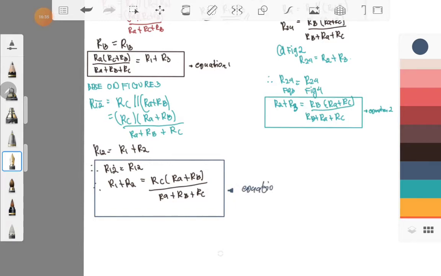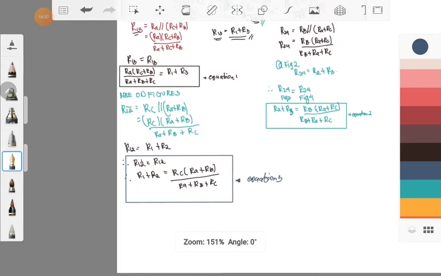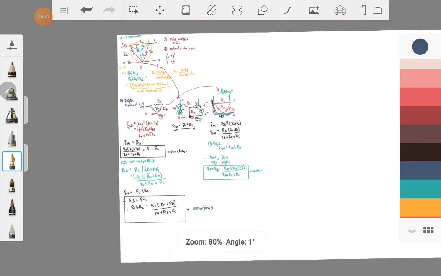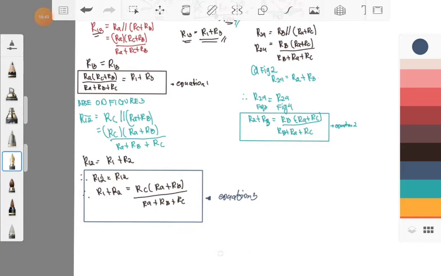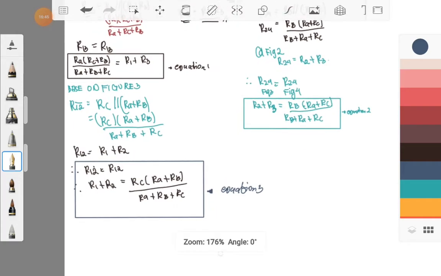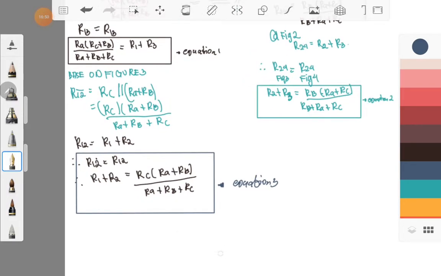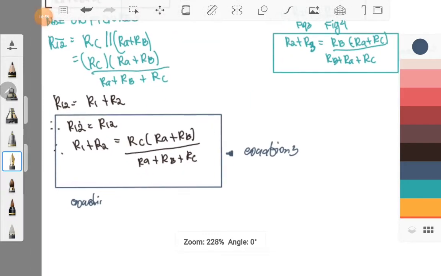So, my next step is that we will subtract your equation 1 from your equation 3. Okay? Equation 3 minus equation 1.